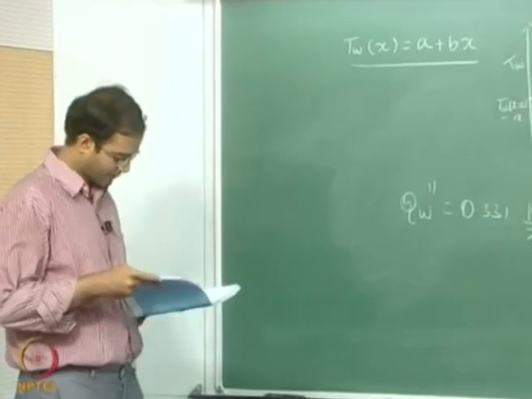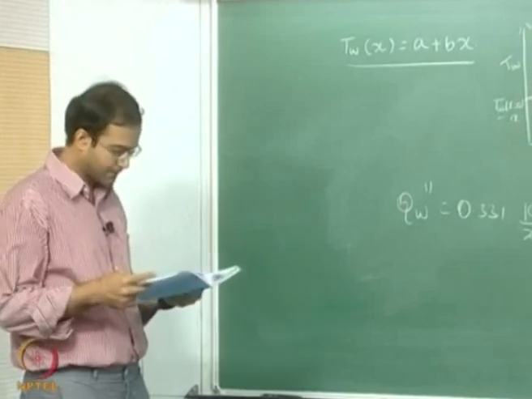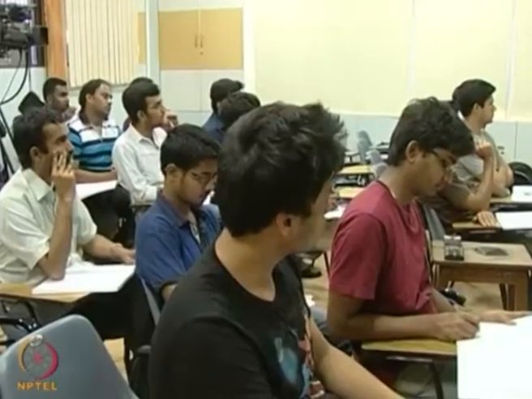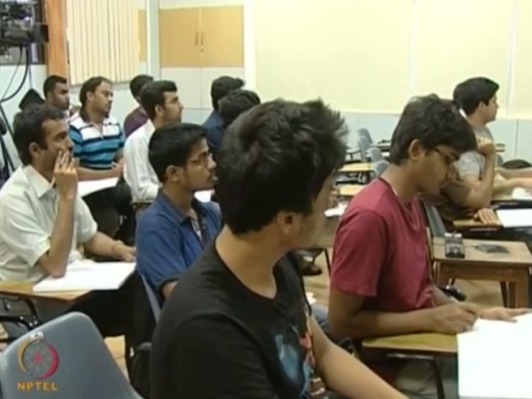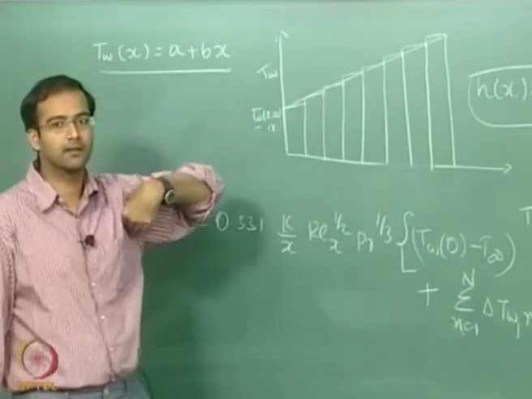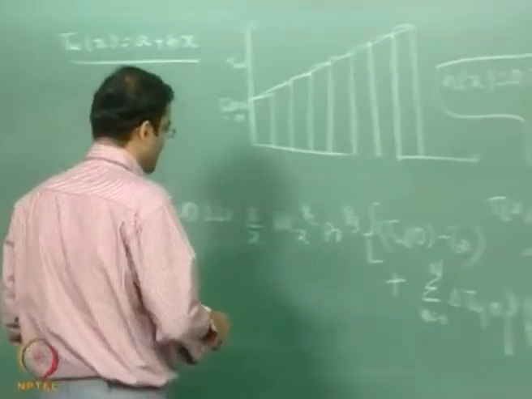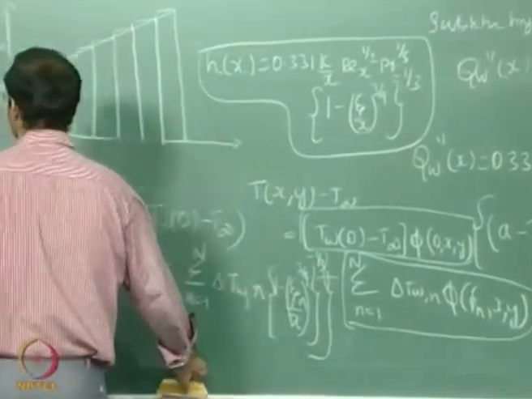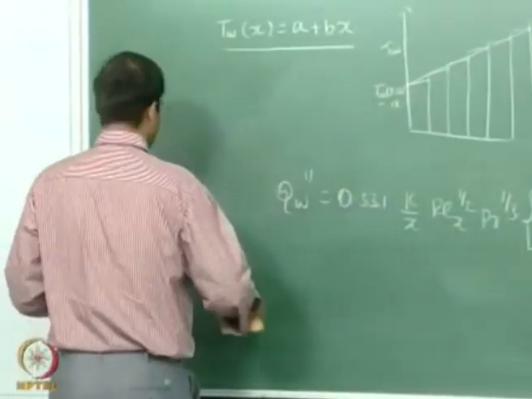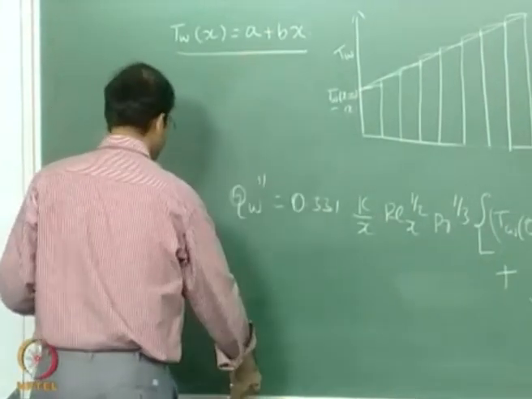Now, for more complex profiles, it's more likely that the wall temperature variation cannot be approximated just by a straight line. It will be a more complicated profile. So for a more complicated wall temperature variation, common practice is to approximate it as a power law series.